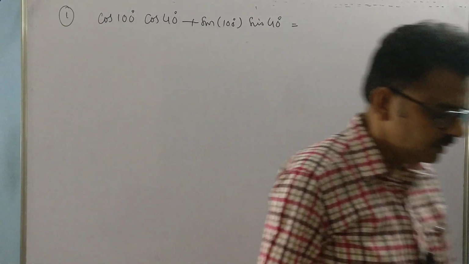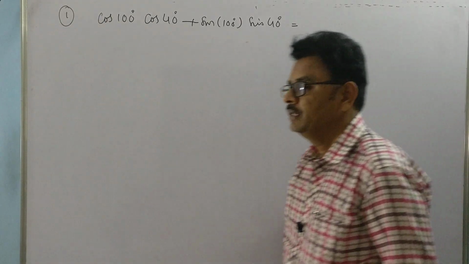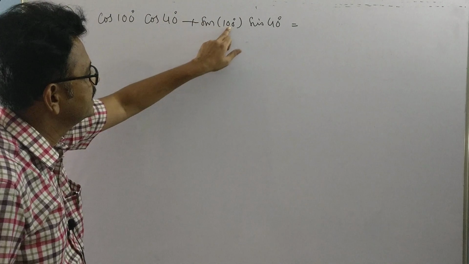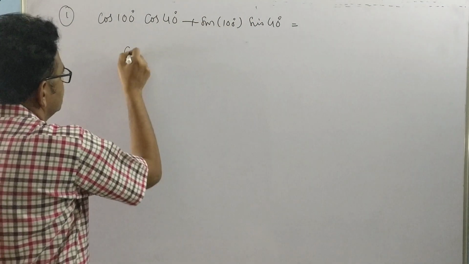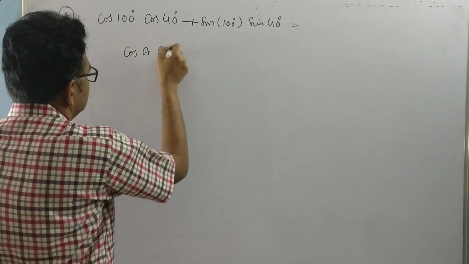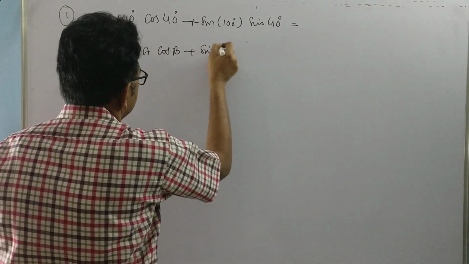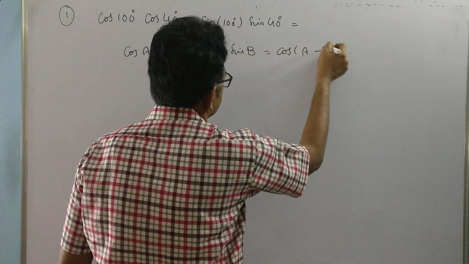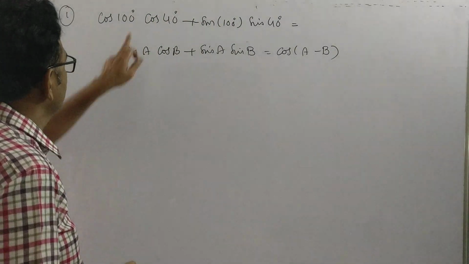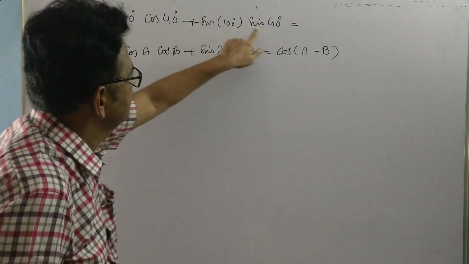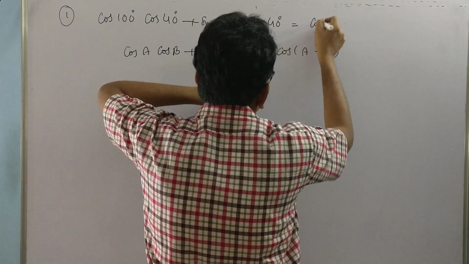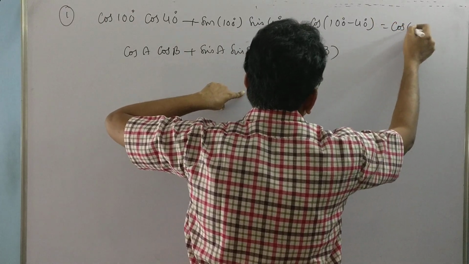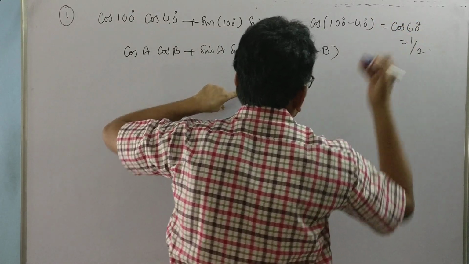This is of the form cos A cos B plus sin A sin B, which is the cos of A minus B form. So it is cos of A minus B, 100 degrees minus 40 degrees. That is cos 60 degrees. Cos 60 value is 1 by 2.